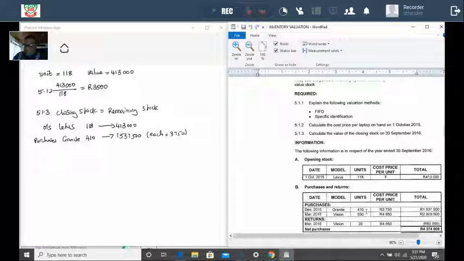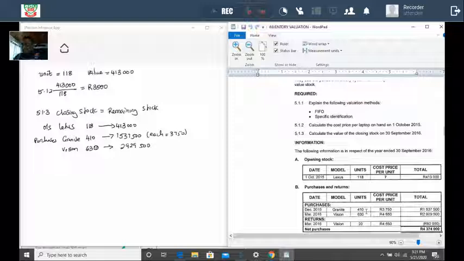Then we also purchased Vision, 630 of them, which gives us 2,929,500.